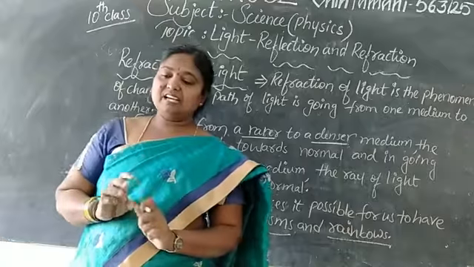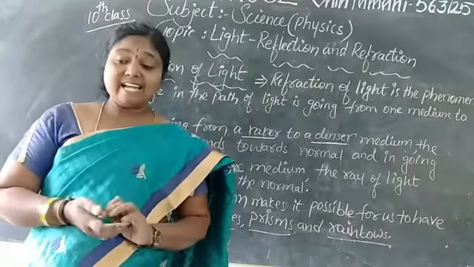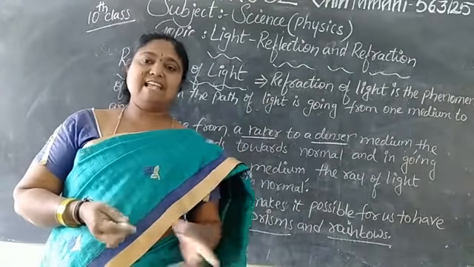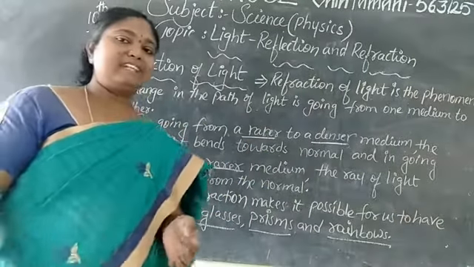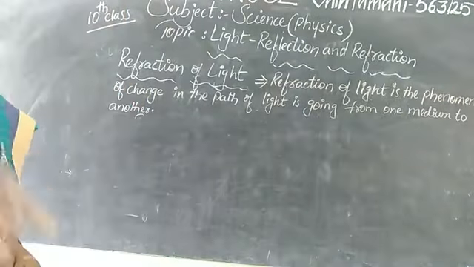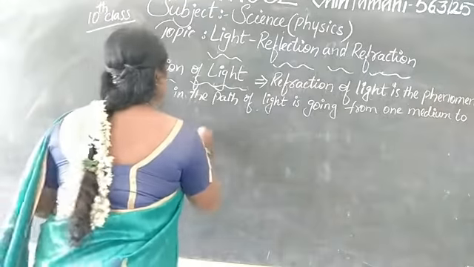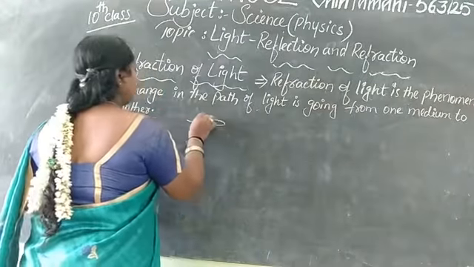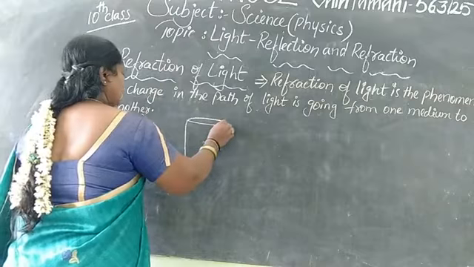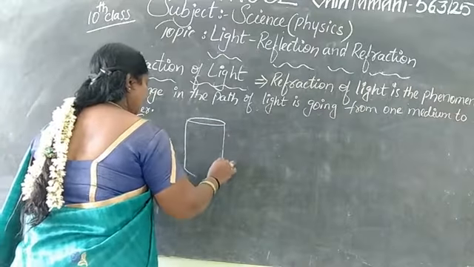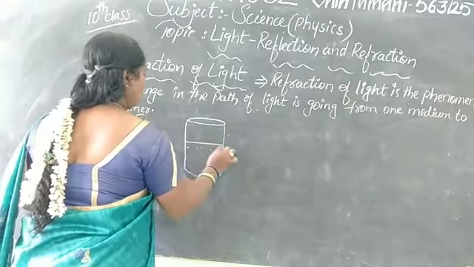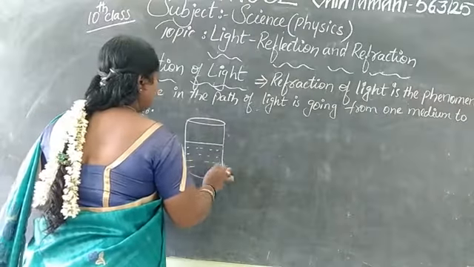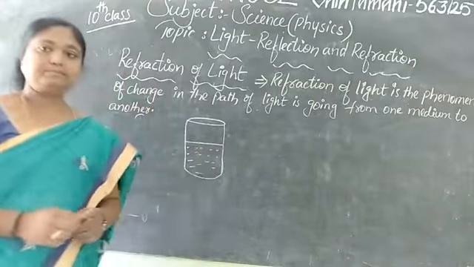Now let us see the refraction through a rectangular glass slab. Before this, I will explain with a small activity, children. Take a beaker, and fill half of the beaker with water.